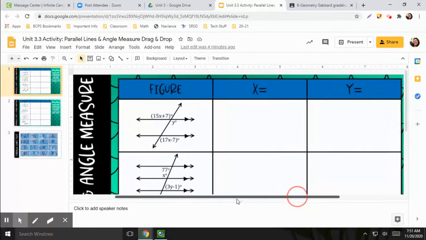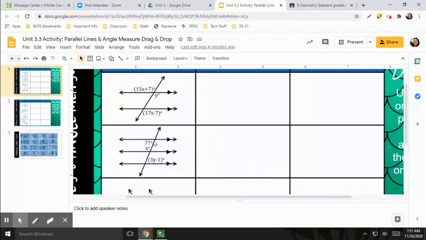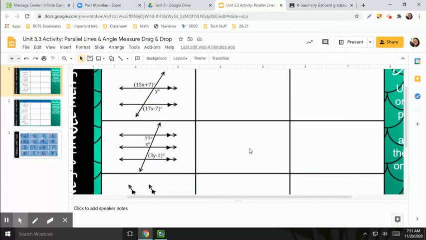Some of these might just take 1 or 2 steps, and some of them might take 3 steps to solve through. So I'm going to work some math out in my notebook. You need to go ahead and get a piece of paper, or maybe 2, and a pencil out, and we're going to start working through these together, okay?